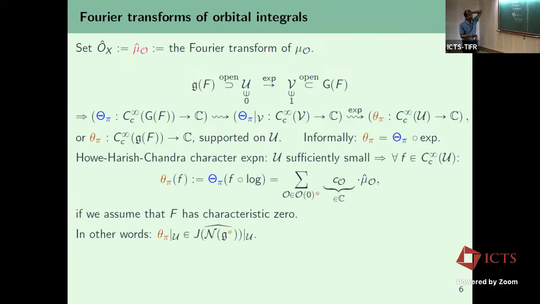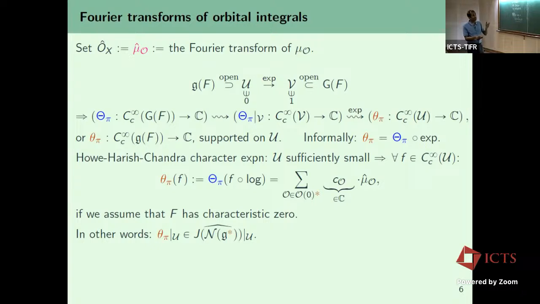So this is the theorem which was proved by Roger Howe and Harish-Chandra. It says that if U is sufficiently small, this is for characteristic 0, then little theta pi of f, if f is supported in U, is obtained by simply a linear combination, oh, this is another typo, I should have written mu hat of f here. So little theta pi coincides with a linear combination of Fourier transforms of orbital integrals on this small open set U near 0.